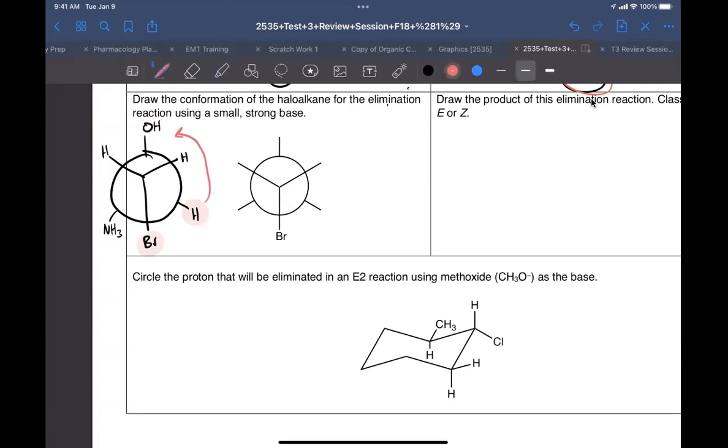So if we rotate it, well, we don't want to move the front ring too. Let's just keep it as it is because it makes it a lot easier if we just keep one thing straight and just rotate the other so that we can line it up. All right, don't move two things at once. If we just rotate that back ring, H is now over here, OH is on this side, and then NH3 is over here.